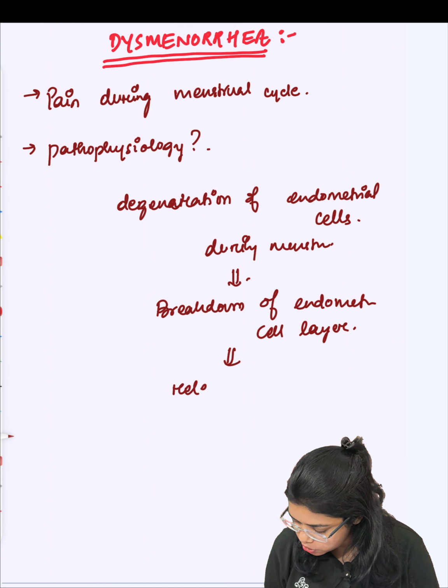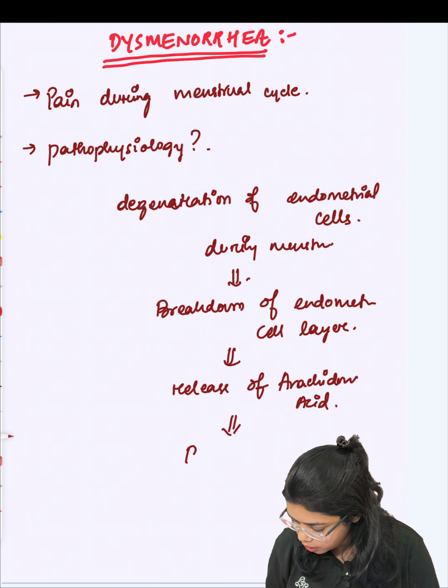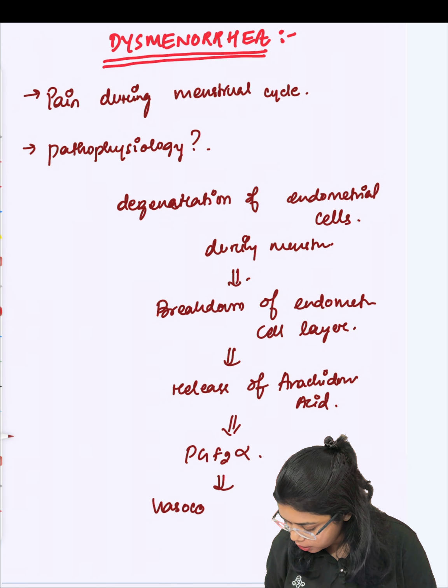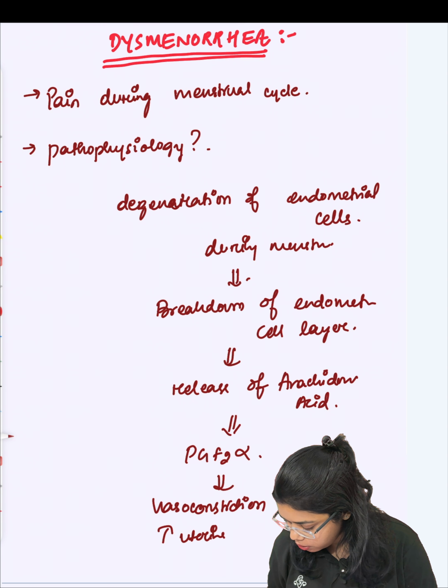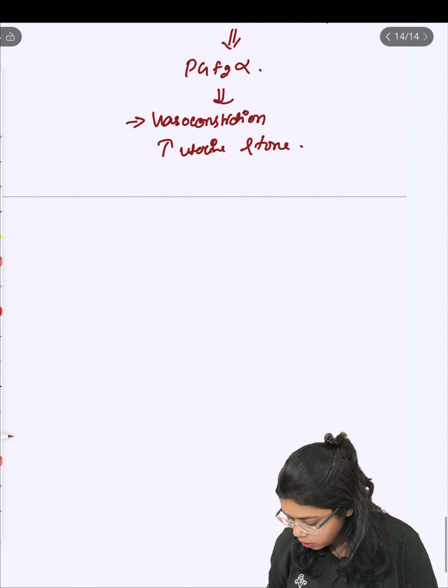That leads to release of arachidonic acid, which is converted into PGF2 alpha. That helps in vasoconstriction and increase in uterine pressure and tone, which leads to dysmenorrhea.